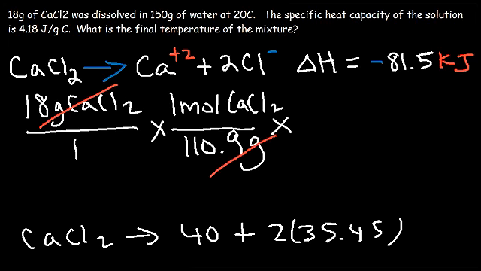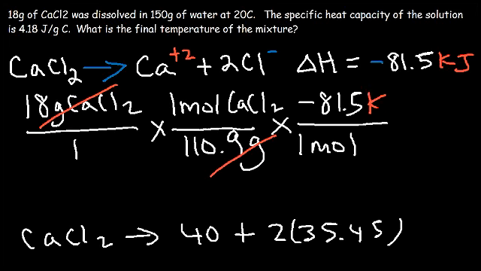Now let's convert moles into kilojoules. 1 mole of calcium chloride is going to release negative 81.5 kilojoules of heat energy. Now, since the specific heat capacity is in joules, let's convert kilojoules into joules. So 1 kilojoule is equal to 1,000 joules.